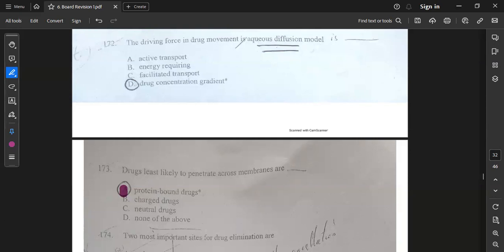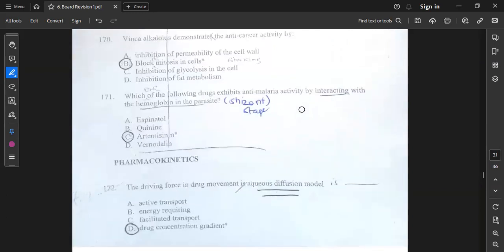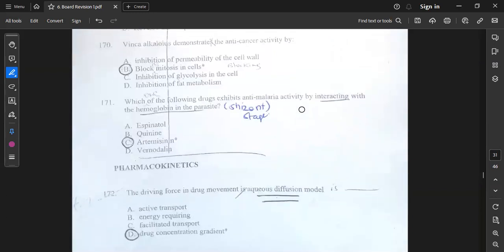It's usually the unionized drugs that cross cell membranes and can easily be absorbed. The driving force in drug movement in the aqueous diffusion model is the drug concentration gradient.